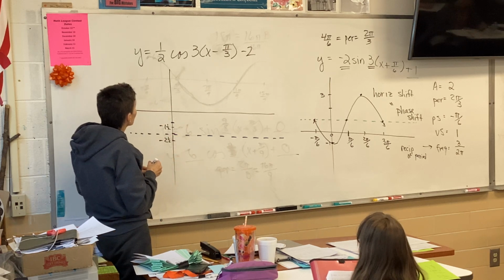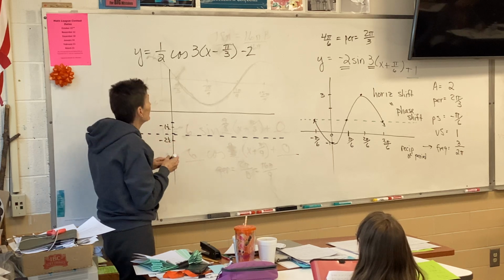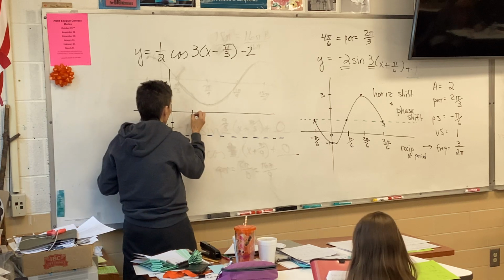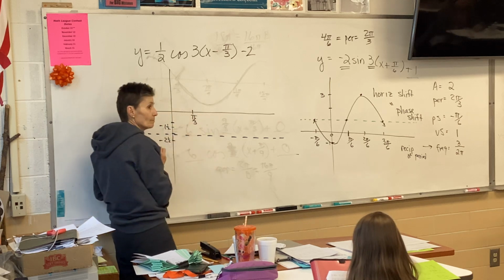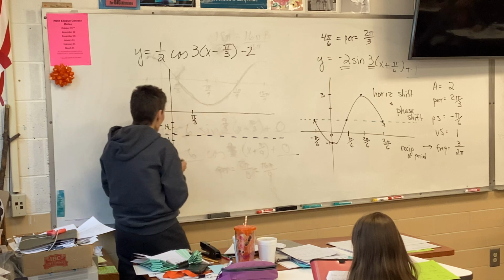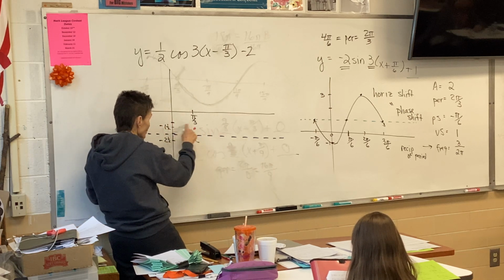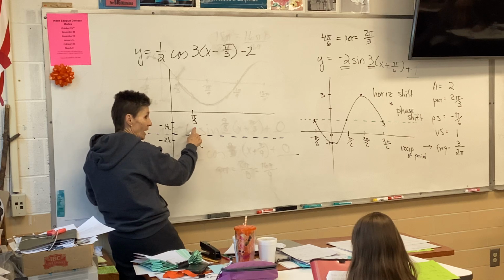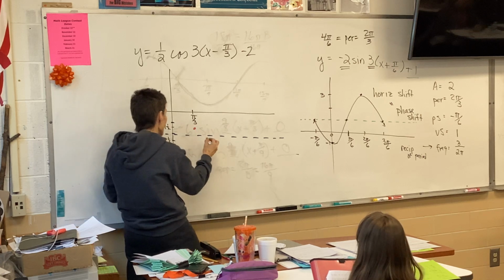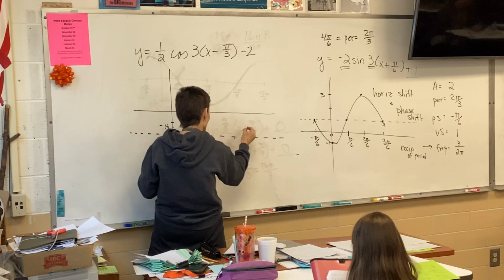Now, it's a positive cosine. It's going to start at pi over 3. So I'm going to have a dot right here, up a half, because it starts up. And then it's going to cross somewhere, bottom out, cross, and end.